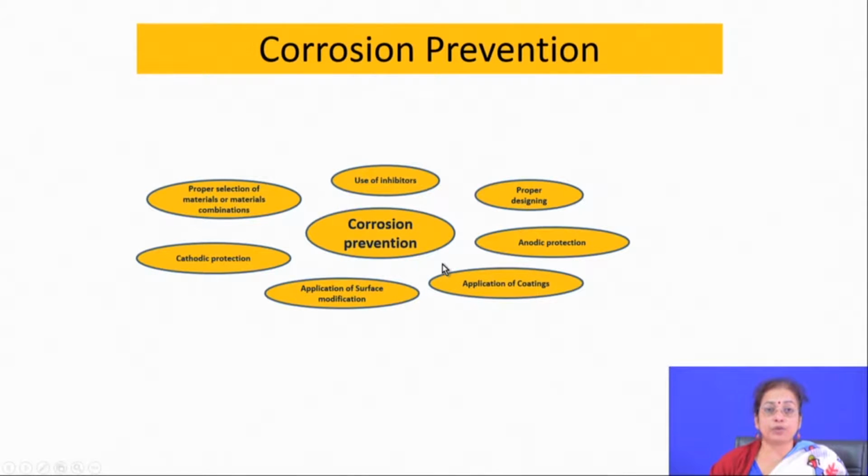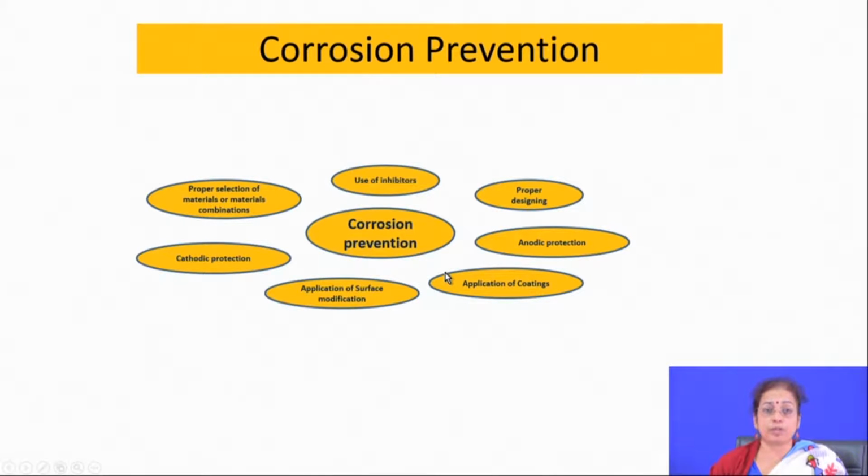Now, high temperature oxidation based corrosion can be avoided or minimized by proper choice of material in that specific environment. It can be minimized by application of surface modification, particularly surface alloying, and also by the application of coating.